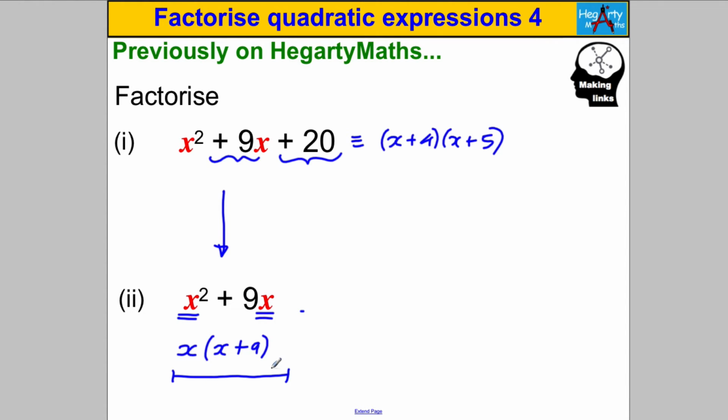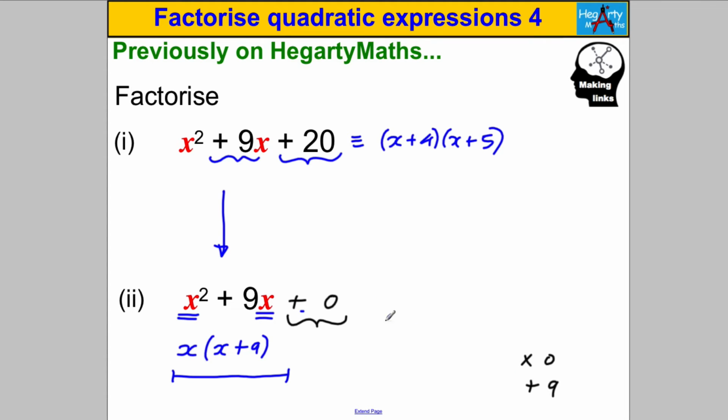The only thing I wanted to use this skill for is to show you that the way we've been doing it, looking for numbers that have a product of something and sum to something else, also works here. Why? Well, there is no number term, so we can just think of that as adding 0. And what we're looking therefore for two numbers that multiply to 0 and add to 9.